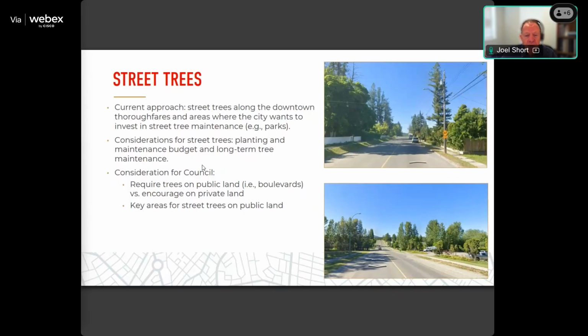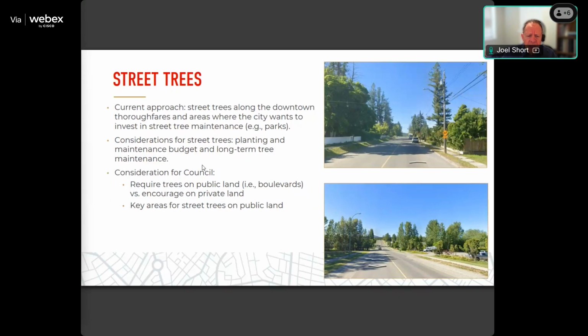If you encourage more street trees, you've probably got to set aside some additional budget to maintain those trees and look after them, if there's issues, pruning and tree maintenance, those types of things. So that's a consideration for council. Do you require trees on public land? So a new subdivision gets put in, you say, oh yes, we want you to provide some street trees in the boulevards, versus just encouraging it on private land. And you can do those through a number of other ways as well.